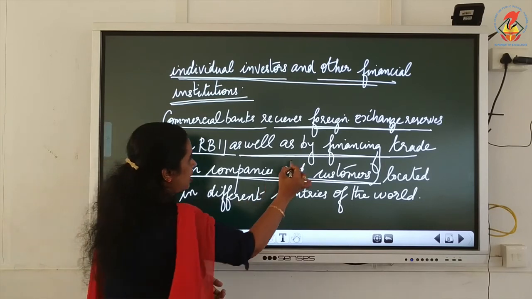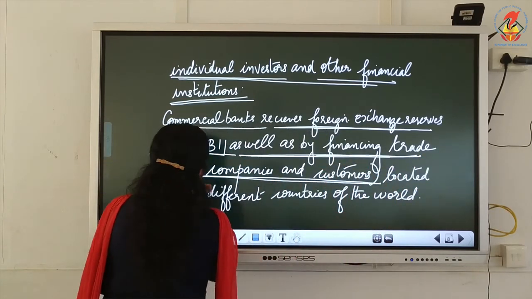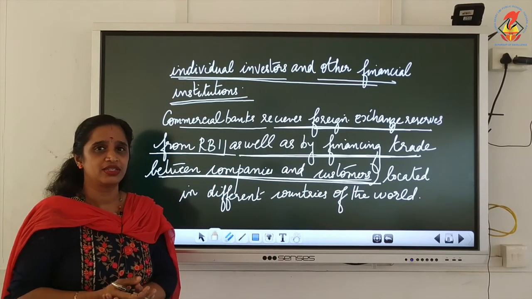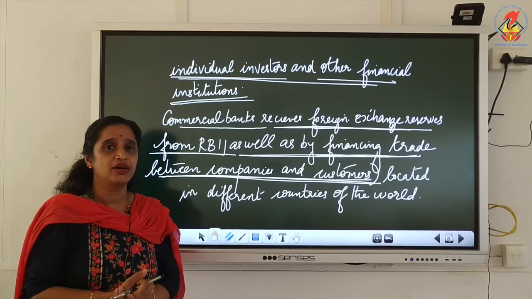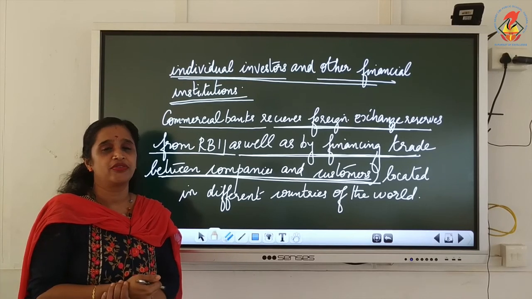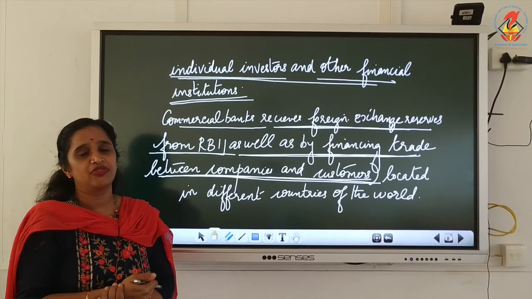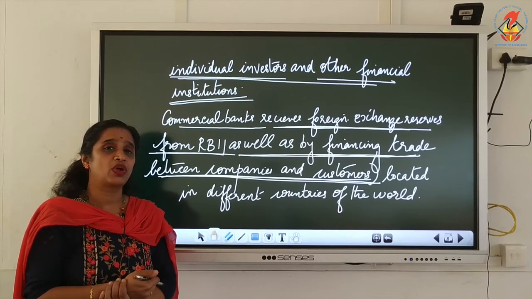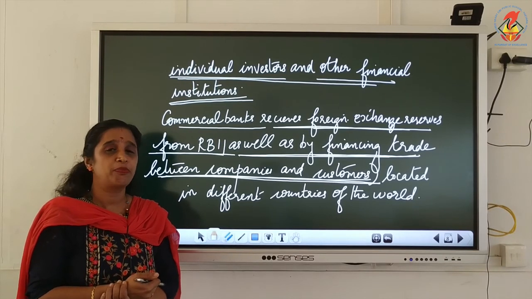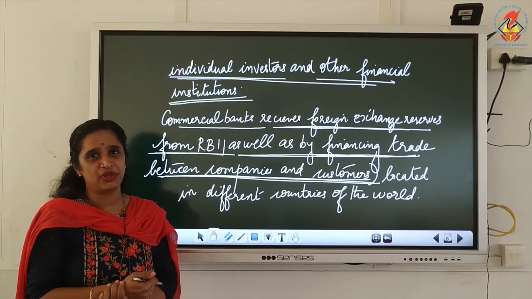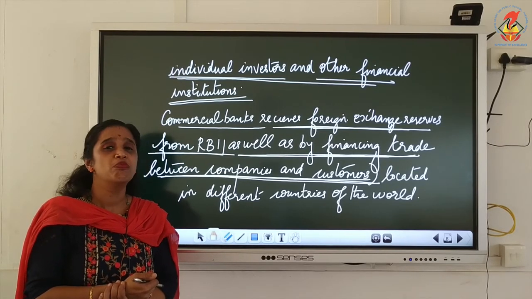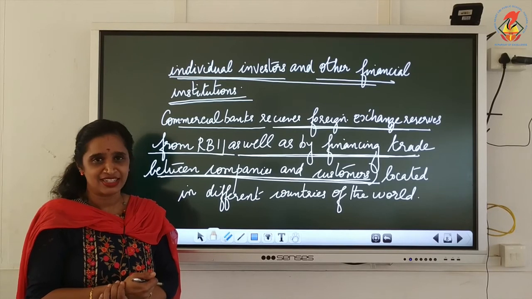Other than that, how do commercial banks get the foreign exchange reserves? Next point, by financing trade between the companies and customers. Now you know that the commercial banks are the financiers. They are the ones who do the transactions of money from one place to the other. For example, Indian companies which are located abroad, and foreign companies which are located here: the payment of the workers in those companies has to be done according to the monetary system prevailing in that country.